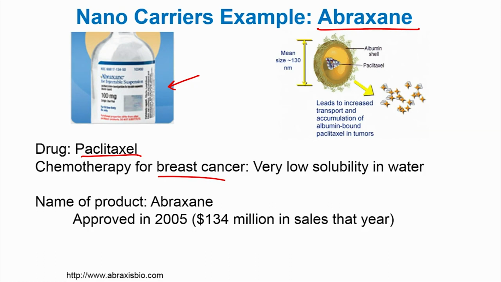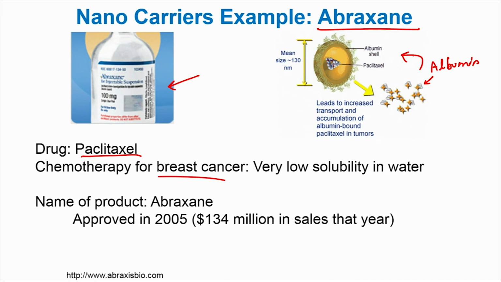So, what was done is this paclitaxel molecule was conjugated to albumin protein, which is one of the most abundant proteins in our blood, and it then self assembled into a structure, because paclitaxel is fairly hydrophobic.